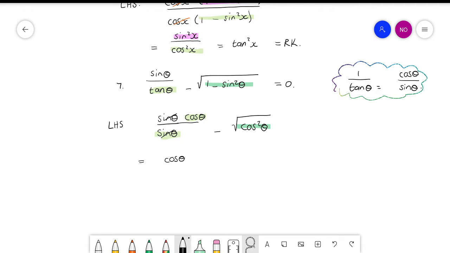And the square root of something to the power of 2 just cancels out one another. And cos theta minus cos theta is 0. All nog good? You also had number 8, right?